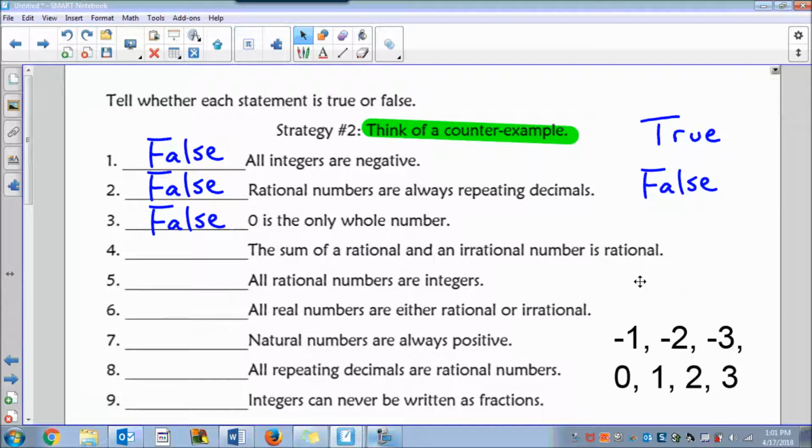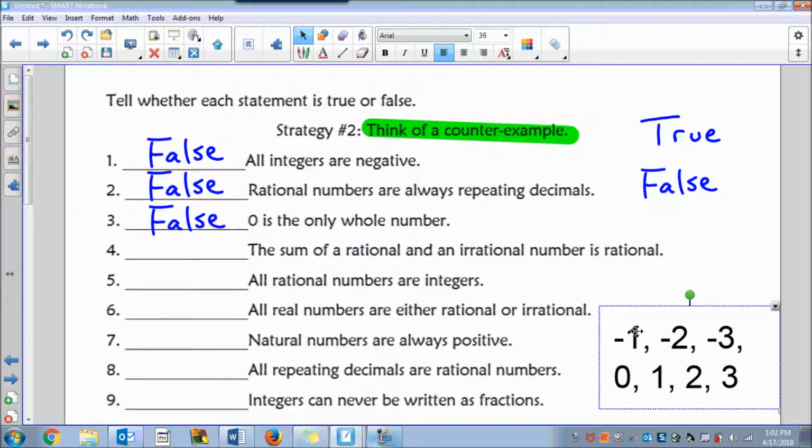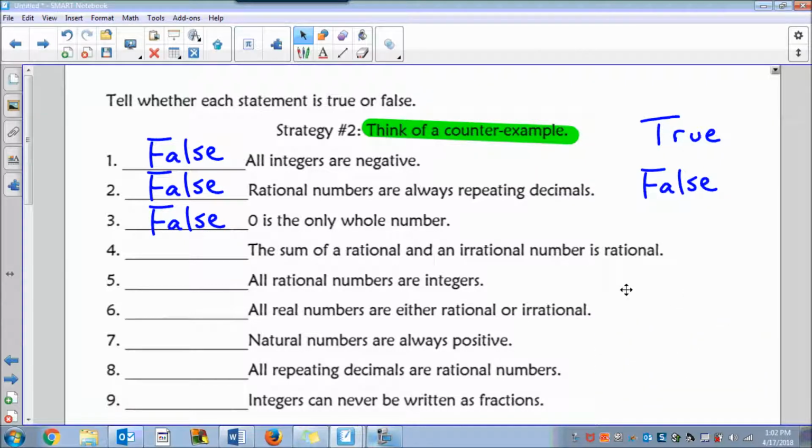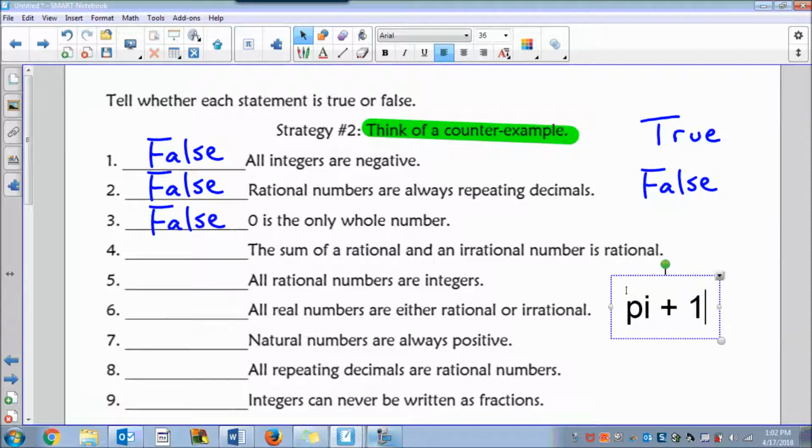Number 4 says the sum of a rational number and an irrational number is rational. Let's try an example of this. Let's do pi plus 10. That's an irrational number, pi, plus a rational number. That's what this is saying. The sum, the addition of a rational and an irrational is rational.